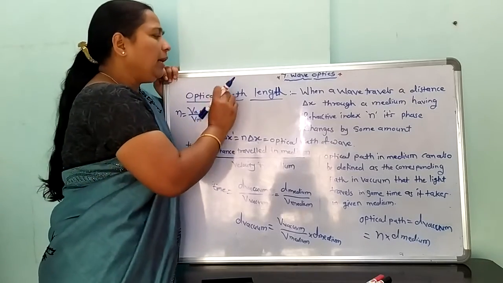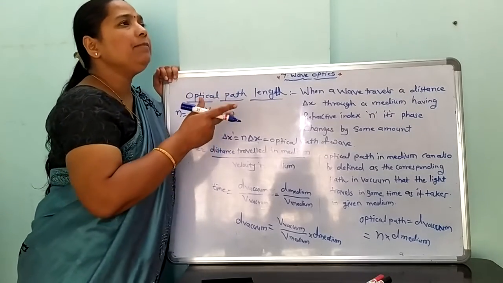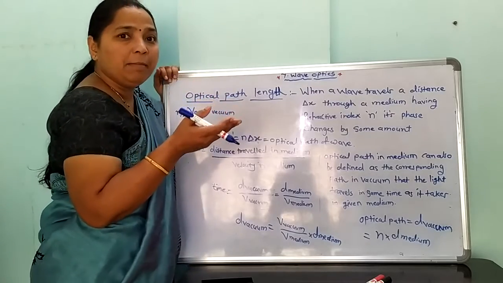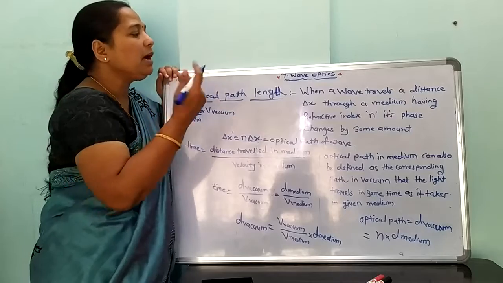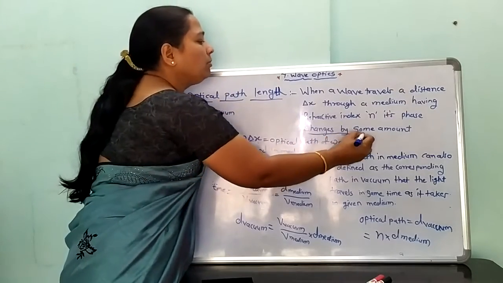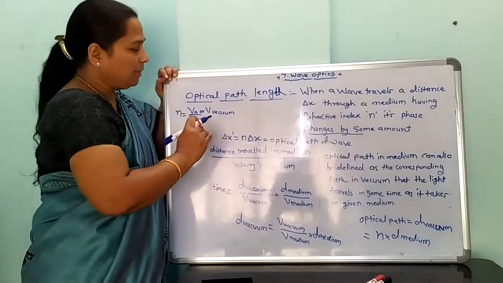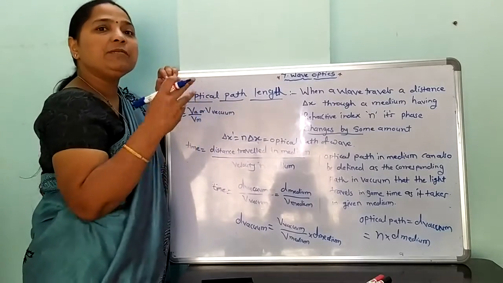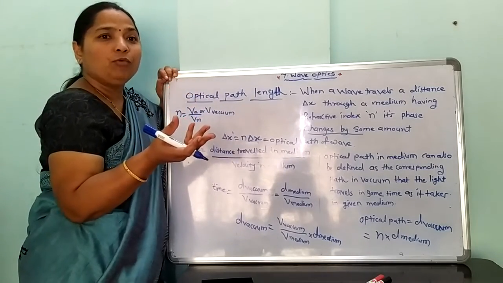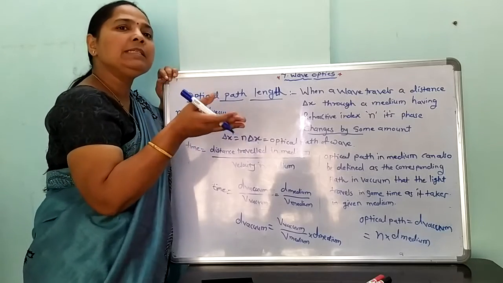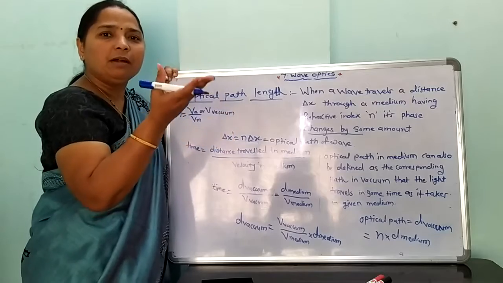Then, the phase difference. When the wave travels in any medium, its phase changes by some amount. Consider the wave travelling in a vacuum medium; then the phase difference is 0 and we get a bright point. When the phase difference is lambda by 2, we get a dark point.